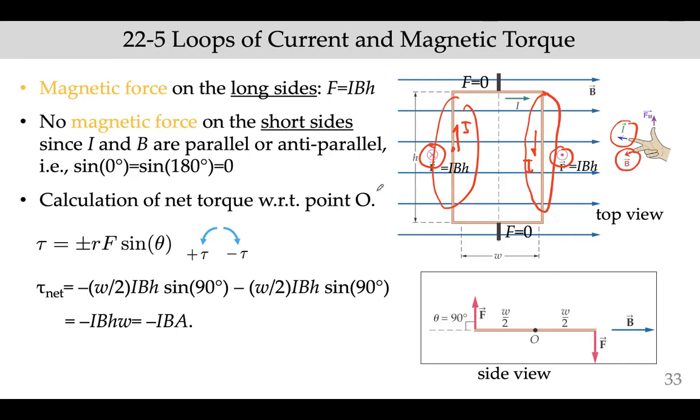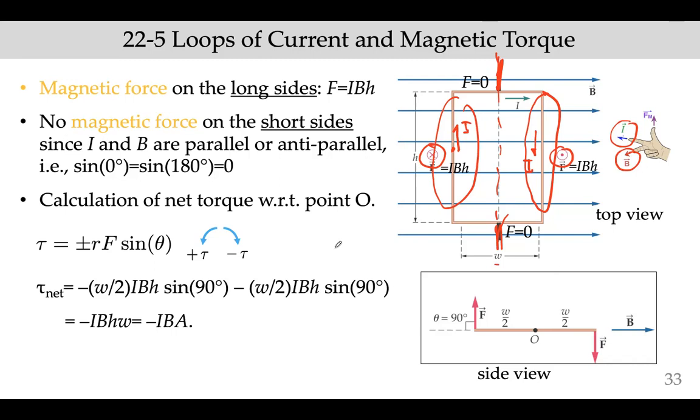Now, as I said, this rectangular wire is fixed at these 2 points, so it can rotate around this axis. So what do we have for rotational problems? We have torque.